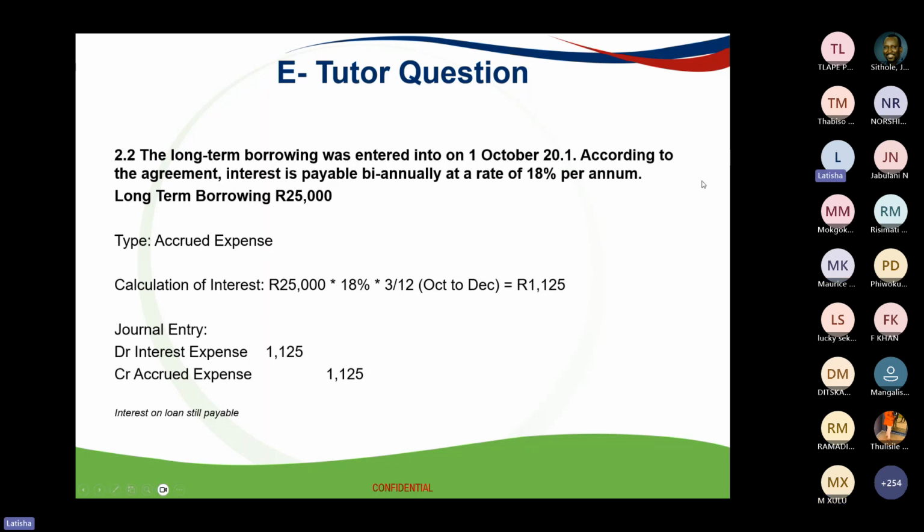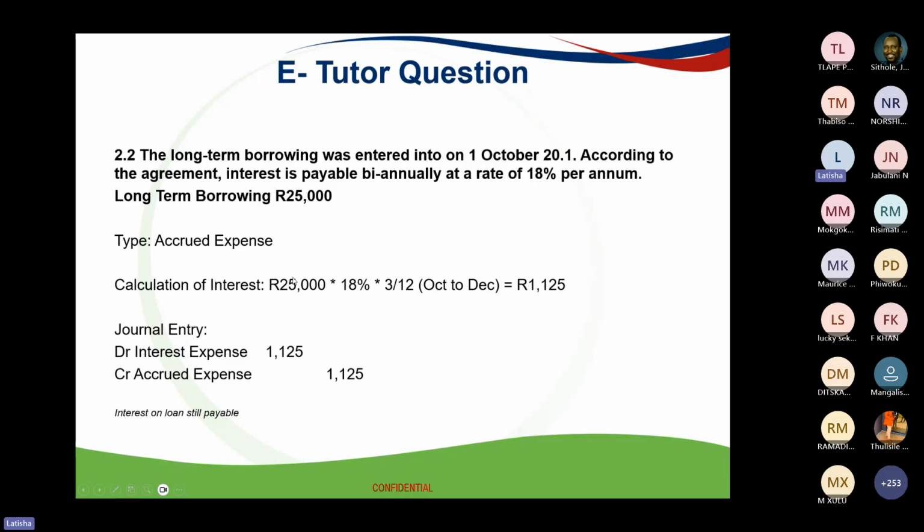Okay, so I think there, the comment that says it's payable biannually is just telling us that biannually means twice a year. So we pay the interest twice a year. That statement doesn't link to the fact that it's still 18% for the full year.